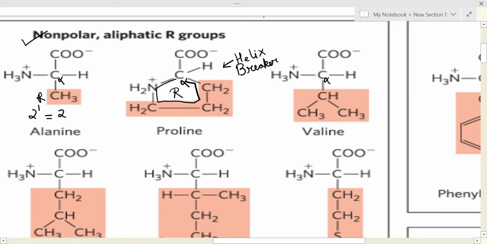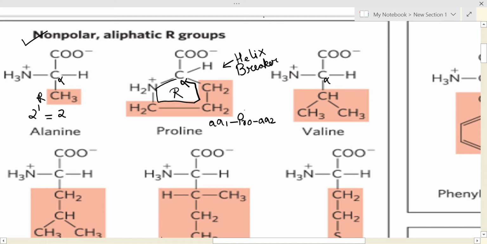Because it will disrupt the secondary structure, which is the alpha helix, if it is present in between 2 amino acid. For example, if amino acid 1, then proline, then amino acid 2, these 2 amino acids were required to form alpha helix, but proline is present in between these 2 amino acids, so the alpha helix will be disrupted, it will be destabilized.